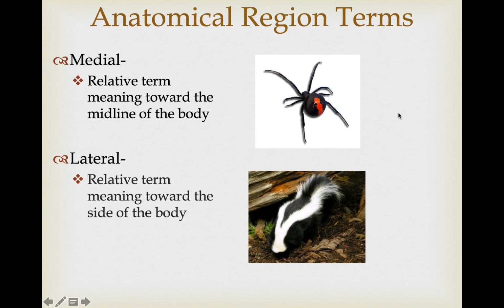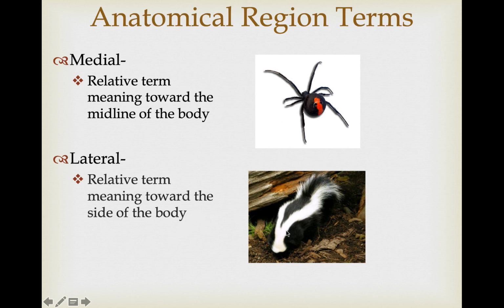All right, so the next two sets of terms may be the ones that are most likely to confuse you. So medial refers to something that's along the midline of a bilaterally symmetrical animal. So this spider here, this black widow, has this red stripe right along its midline. So we would say that it has a red medial stripe.